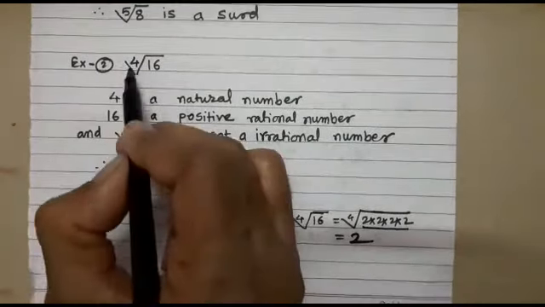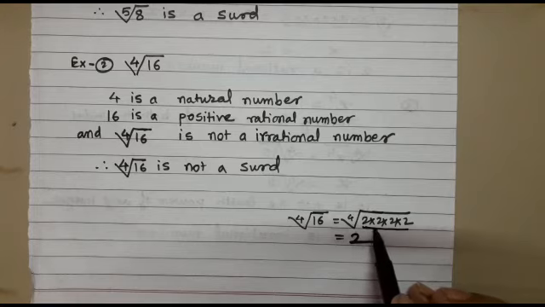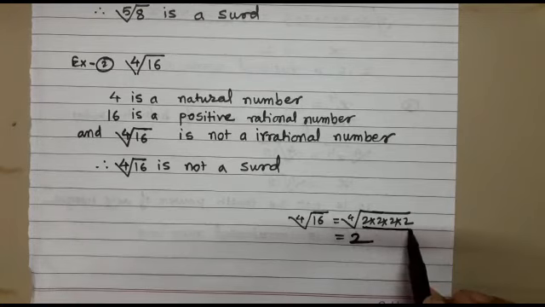See here. Fourth root of 16 means fourth root of, factorizing this 16, we get 2 four times: 2 into 2 into 2 into 2. We make a group of these four numbers, and we get a single 2 for this group outside of the fourth root. And we get a rational number.